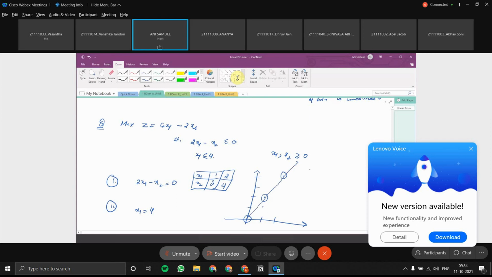Now, since it is passing through the origin, you cannot take the point 0, 0 to check the region. So take any other point and check. Take 1, 1 and check. Where is it lying?